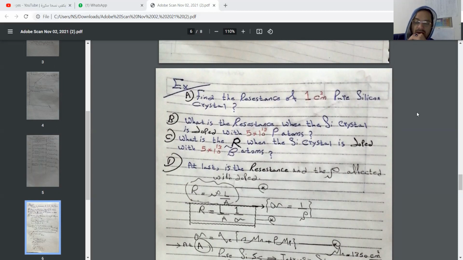By using this example, all of this information will be clear to us. Let's start to solve it.